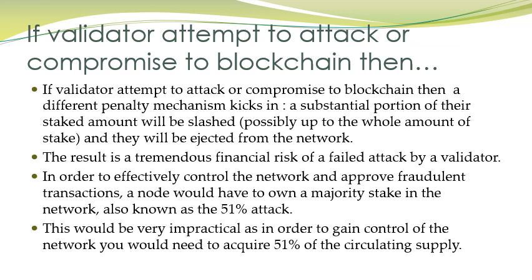This is very impractical, as in order to gain control of the network you would need to acquire 51% of the circulating supply. So it is not possible for any node to hold 51% of circulating currency, and such an attack is not possible in the proof of stake mechanism.